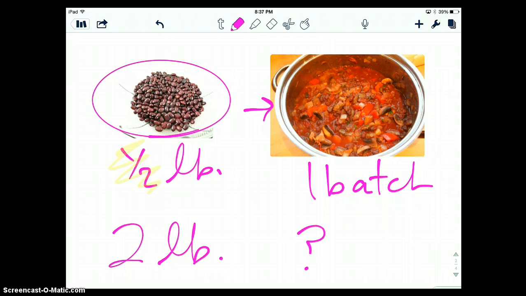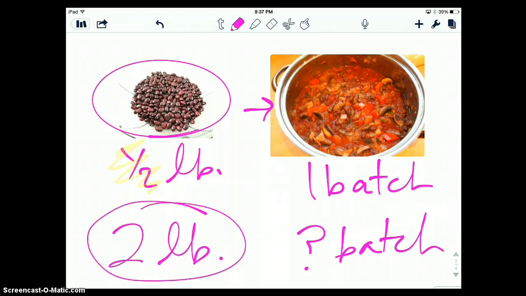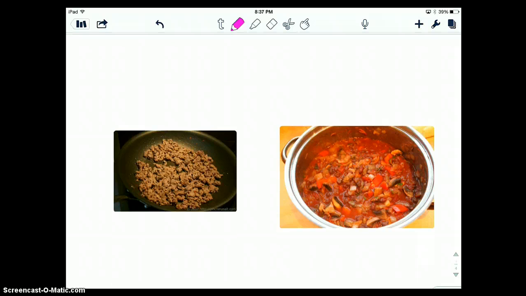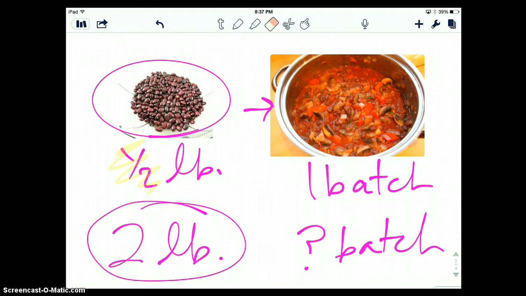And we want to know how many batches that would be. Well, we know it's more than one batch. So how can we represent this using a complex fraction? So I could say I have 2 pounds of beans.